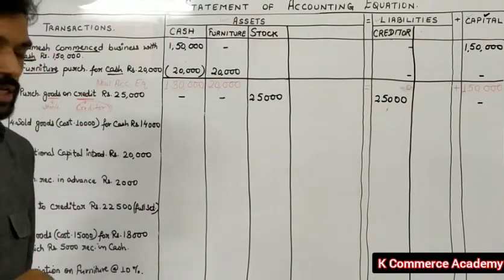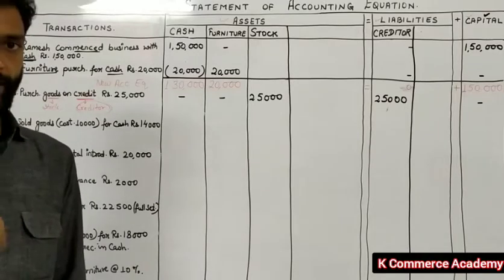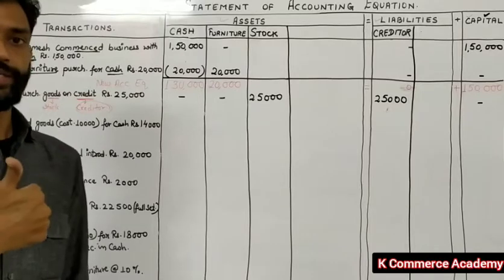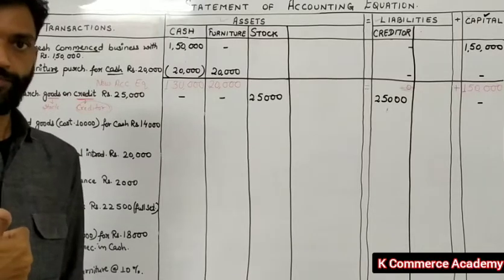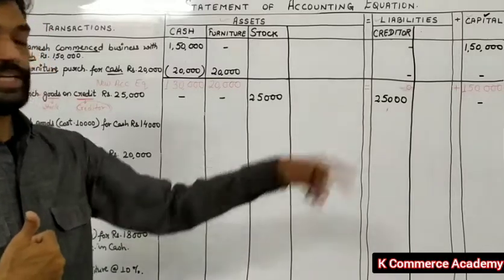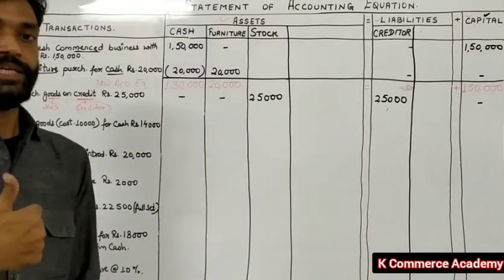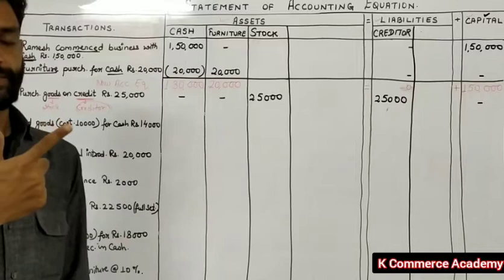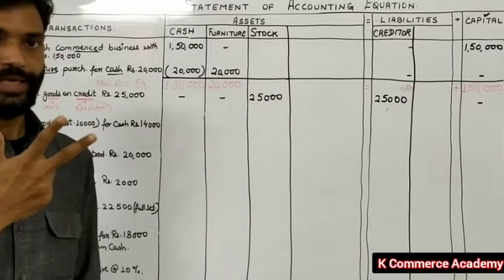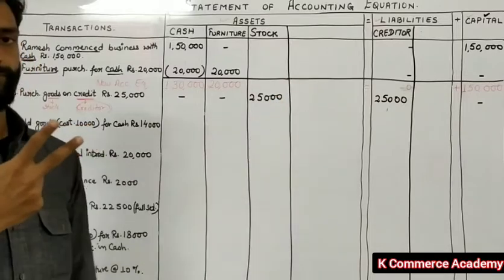On the other side, only 3 items have to be deducted from capital. First of all, the drawings made by the owner for his personal use, private use, household use or residential use will be deducted from capital. Secondly, expenses of the business will be deducted from capital, and lastly, the loss incurred by the business will be deducted from capital.